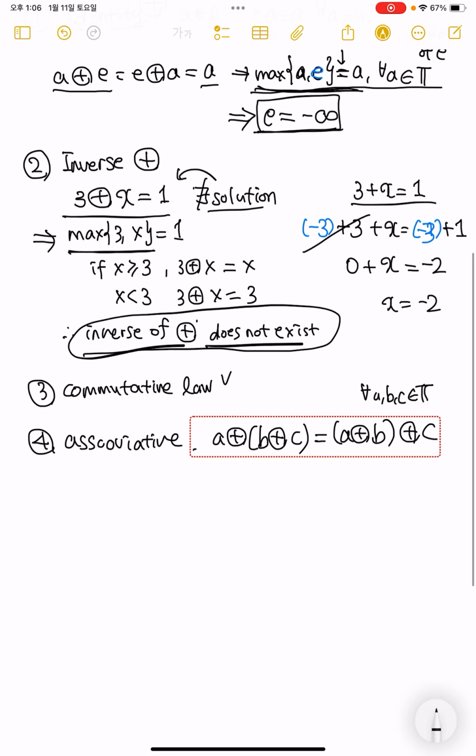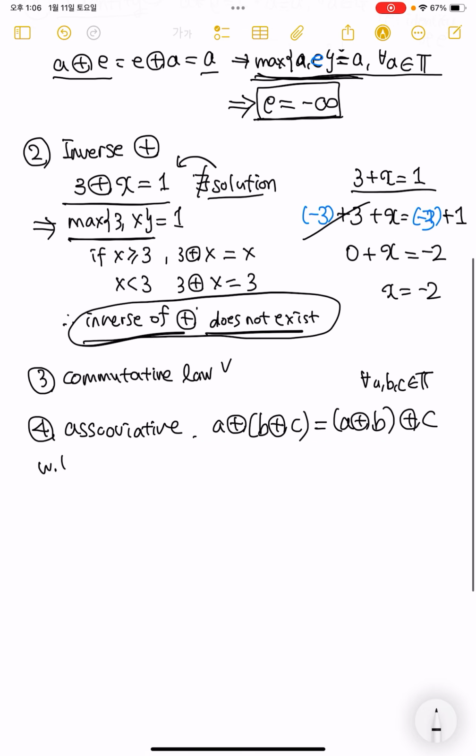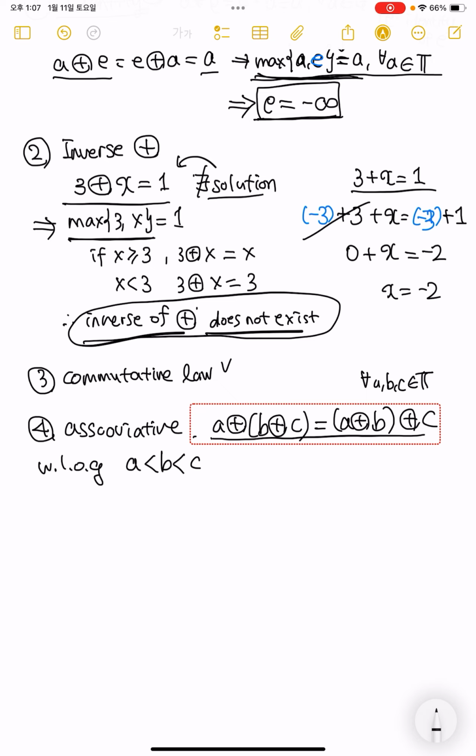So without loss of generality, let A, B, C be ordered, and we can obtain the associative law in the tropical number system.